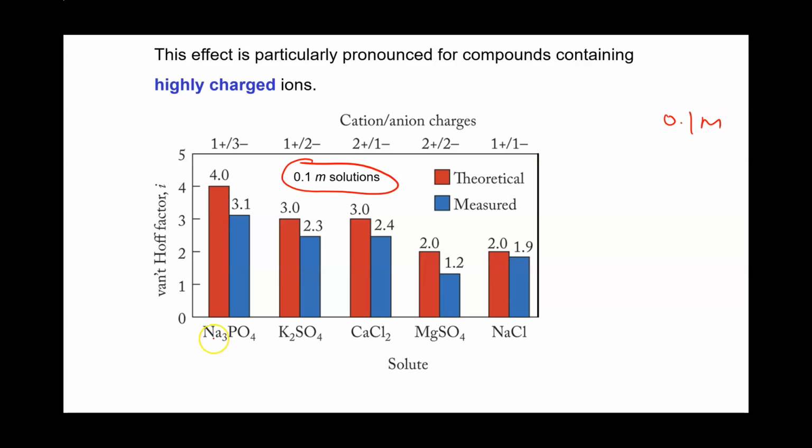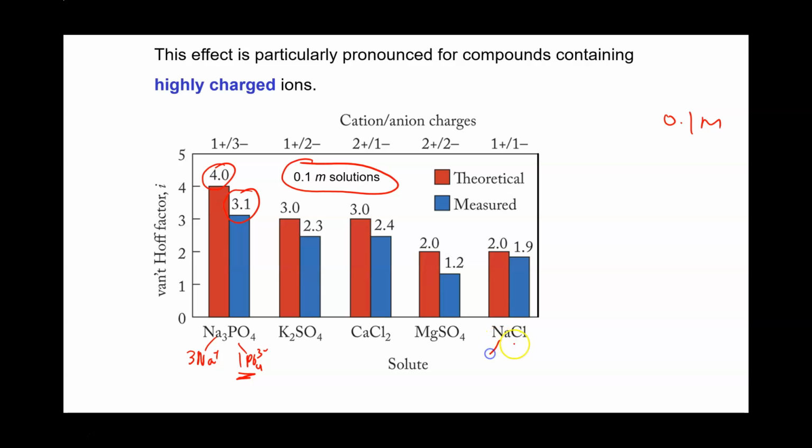And so what you would expect is if this compound dissociated, you'd get 3 sodiums and 1 phosphate. So you would get 4 ions for every 1 mole of sodium phosphate. So you would expect i would be 4, but in a 0.1 molal solution, i is actually 3 because not all of the ions dissociate. And that's happening to such a large extent there because you have a relatively highly charged ion here.